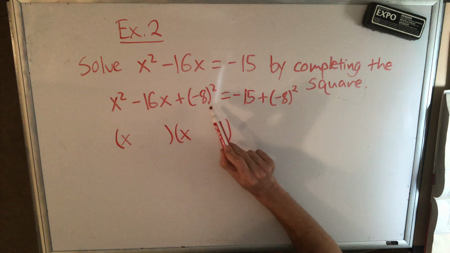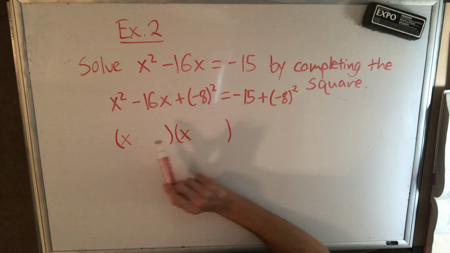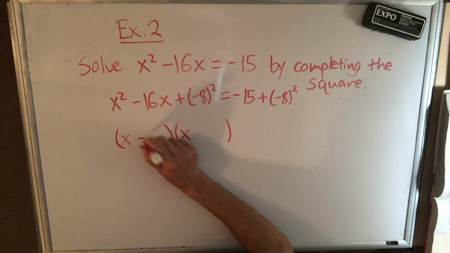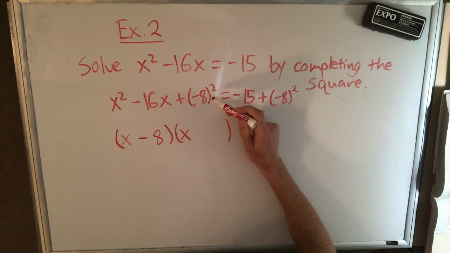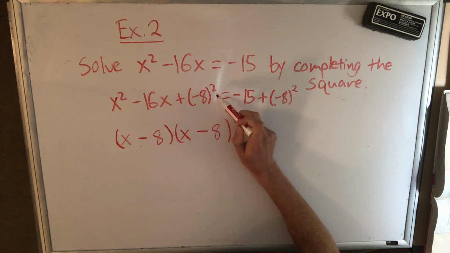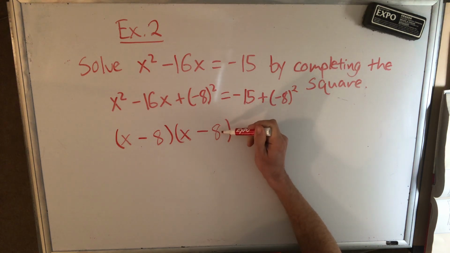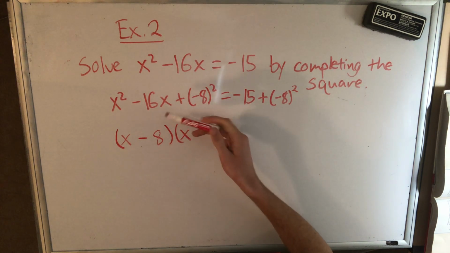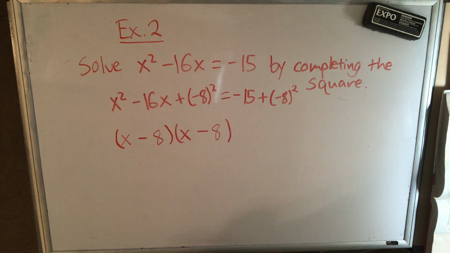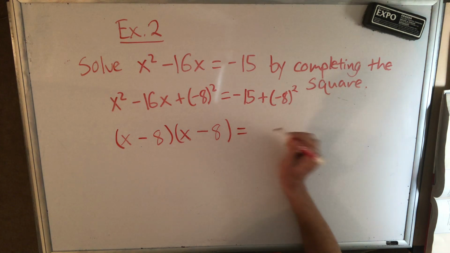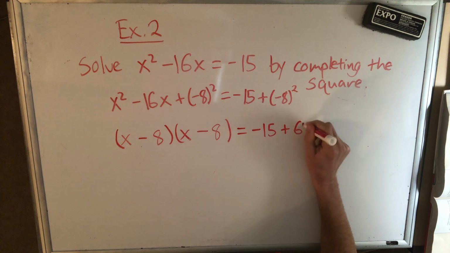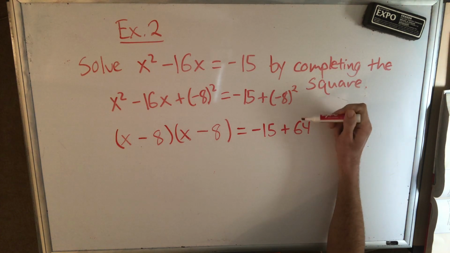So whenever you have a situation like that, the way you can factor it is put the variable at the beginning of each of the parentheses and then put the square root of the constant at the end of each of the parentheses. The square root of negative 8 squared is negative 8, since negative 8 multiplied by itself is negative 8 squared. Or put half of the coefficient of the variable term at the end of each of the parentheses. Same thing. So that's equal to negative 15 plus 64. Negative 8 times negative 8 is positive 64.